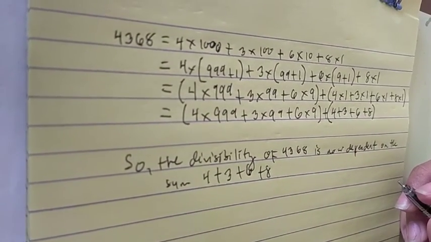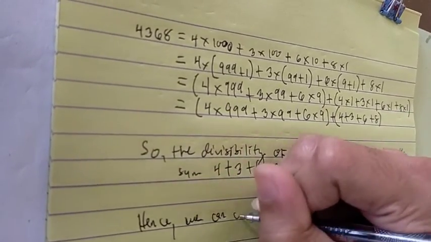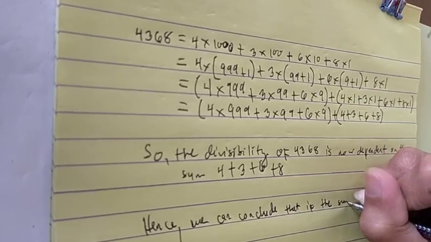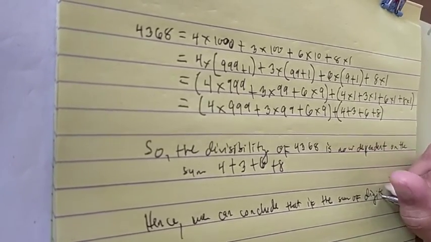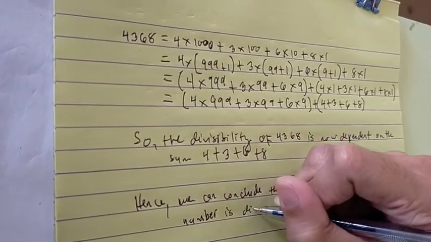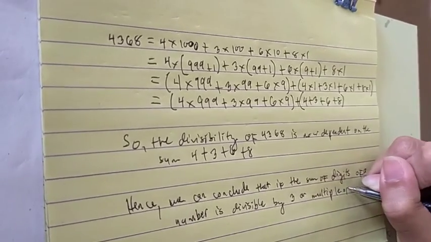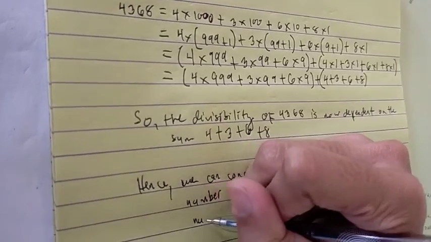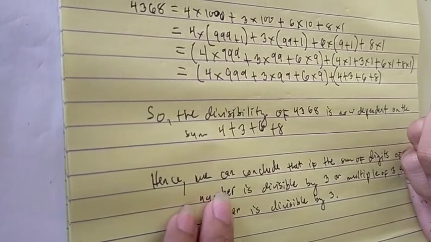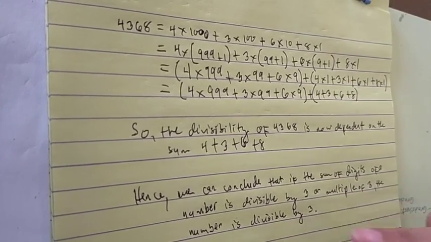Hence, we can conclude that if the sum of digits of a number is divisible by 3 or a multiple of 3, the number is divisible by 3.